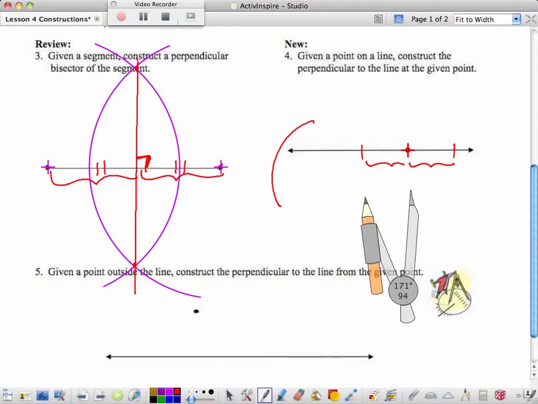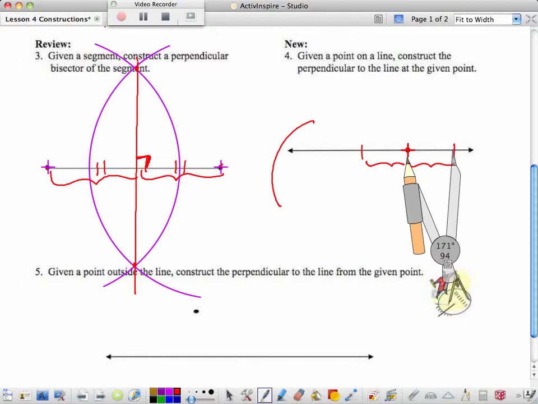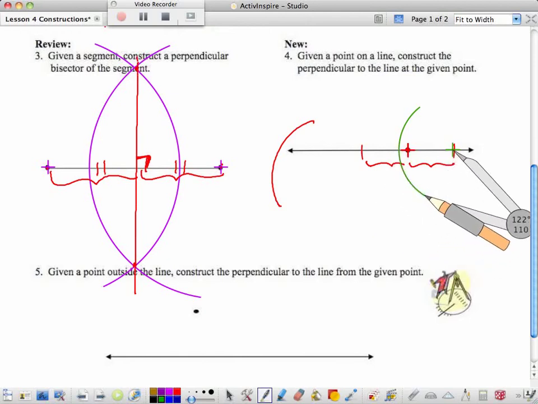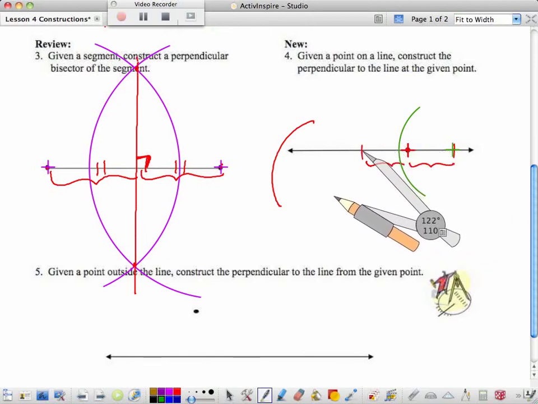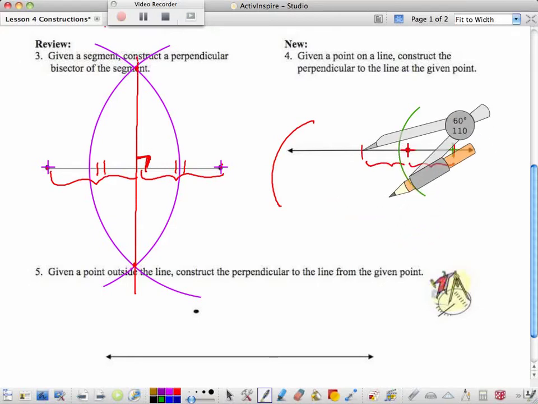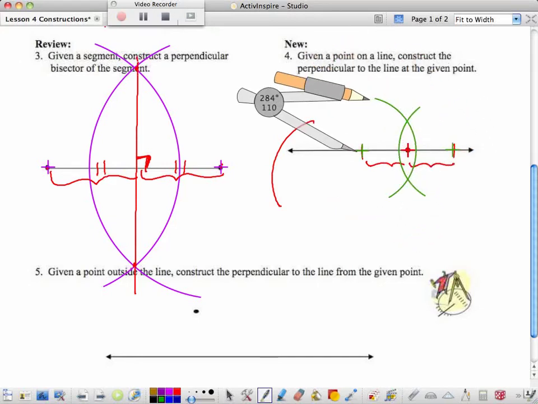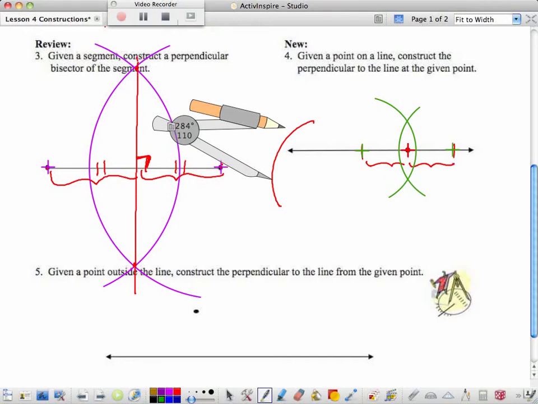So now I can put my compass out here on the end point of the segment I created. I need to open my compass a little bit more because it has to be open more than half. I'm going to create that little arc. And I'm going to do it again on the other side. And then I'm going to take my ruler, which you can't see, and I'm going to connect these 2 points of intersection.